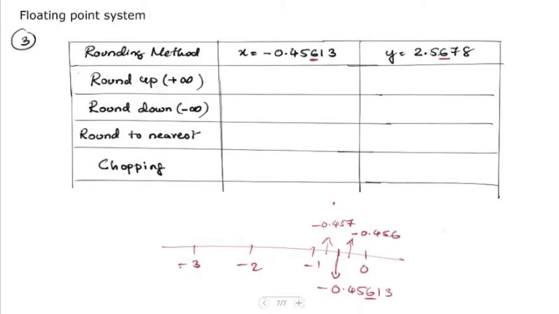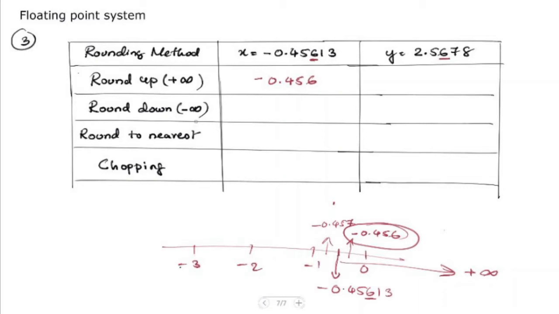So if you're rounding it up, you're rounding it to the positive infinity, and the positive infinity is this side here. So you have to round it up to this number here, which is towards the positive infinity. So the number here would be -0.456. Okay, so when you're in the negative scale, just be a bit careful.